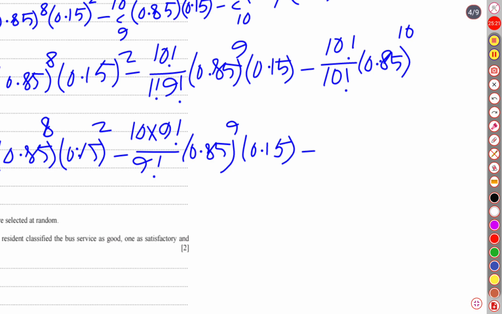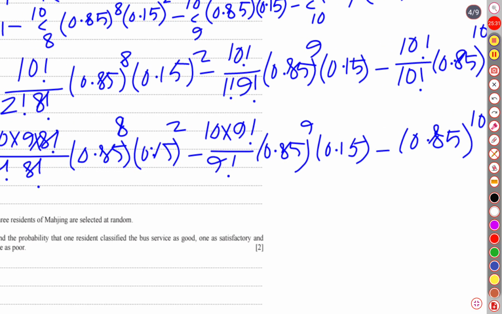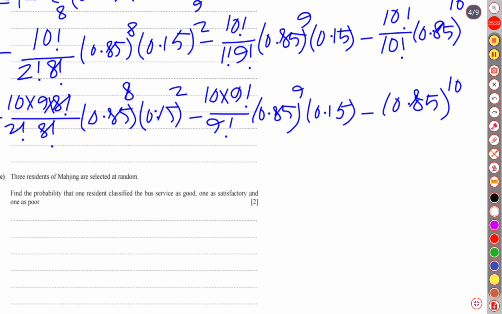So simply we can write 0.85 raised to 10. This is the manual way of solving any binomial distribution.